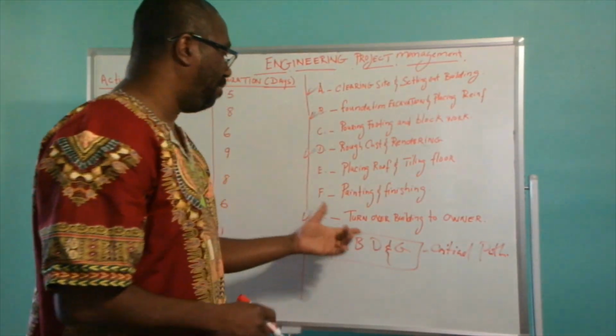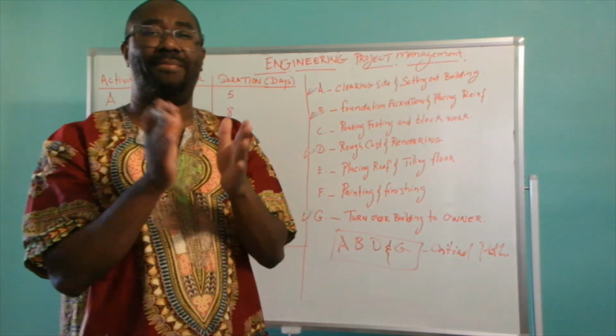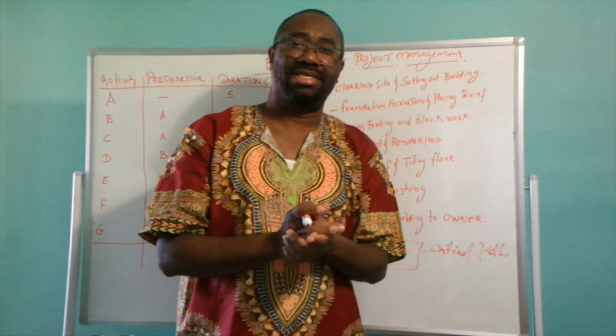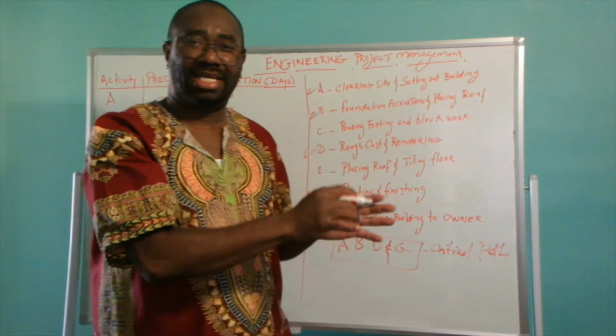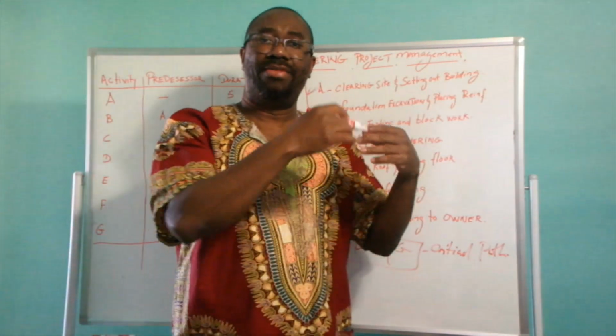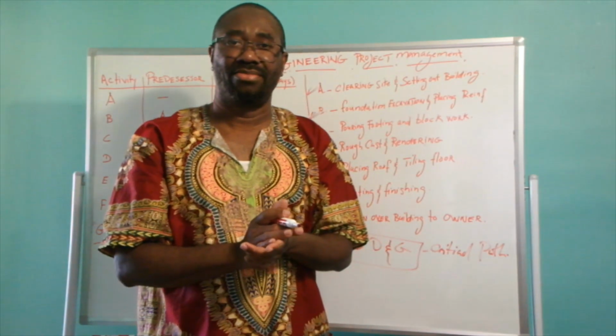Activities A, B, D, and G are on your critical path, so you must complete those activities on time for the project to finish within the scheduled time.